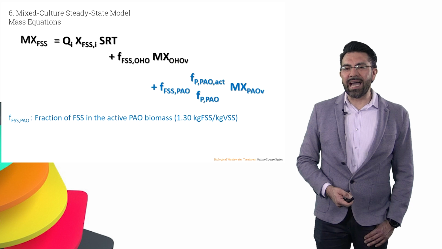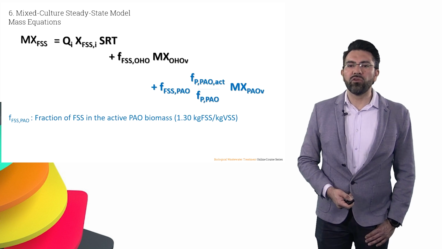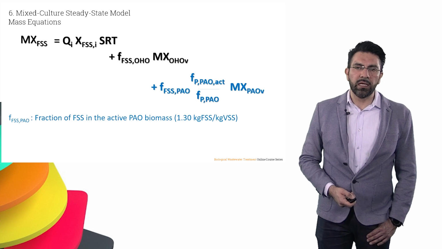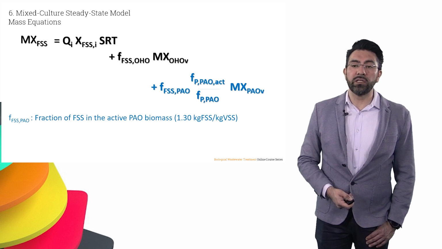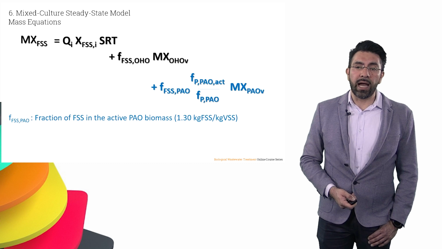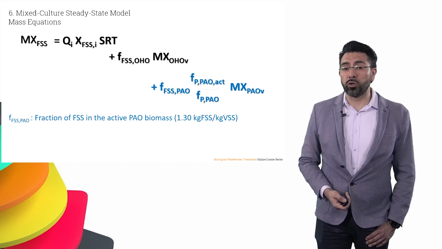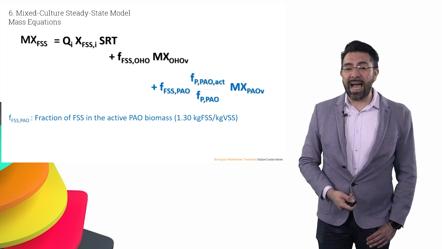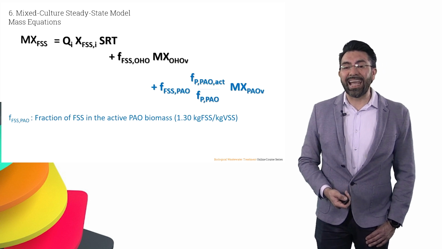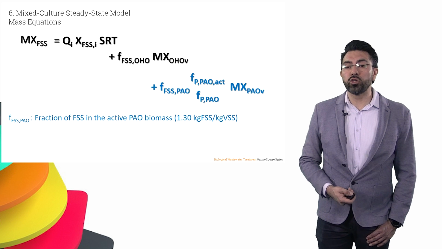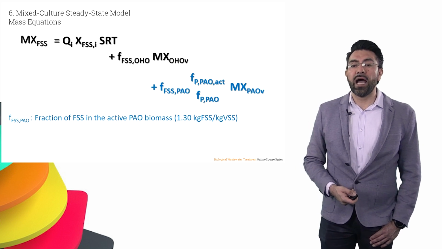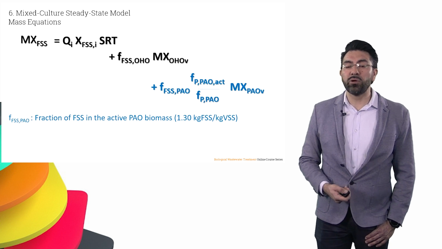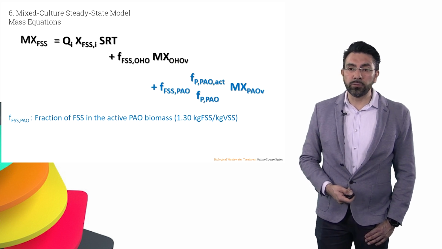This contribution is directly related to the polyphosphates that the PAOs accumulate during their P removal process. It is possible to use this term directly and in a straightforward manner to estimate the contribution to the fixed suspended solids, but an additional term has been added that takes into consideration the actual amount of phosphorus that the PAOs are accumulating with regards to the maximum capacity that they can reach.